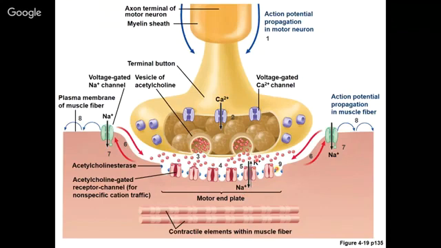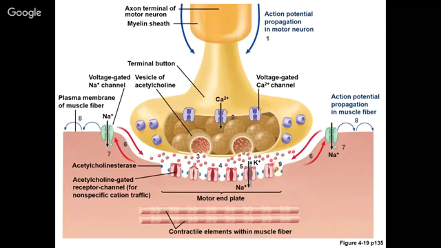So they're not specific to sodium or potassium. Either of these molecules can flow through these channels, okay? Now, what I want to emphasize is that this binding leads to a relatively large influx of sodium ions into the muscle cell, okay? And only a relatively small movement of potassium out of these channels into this synaptic cleft, okay?